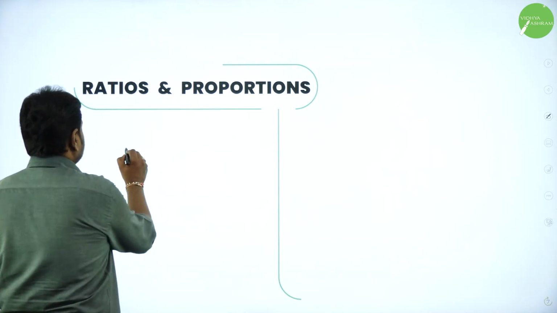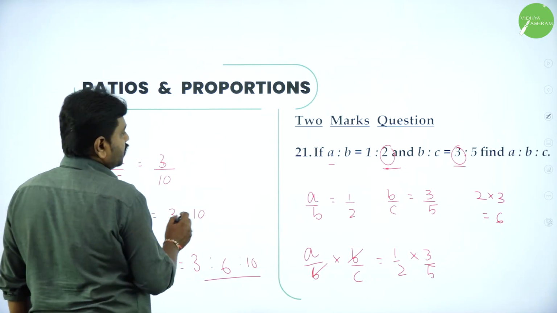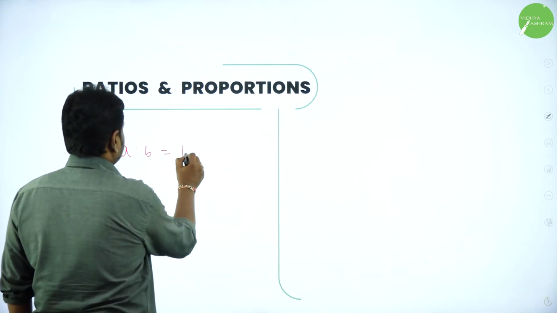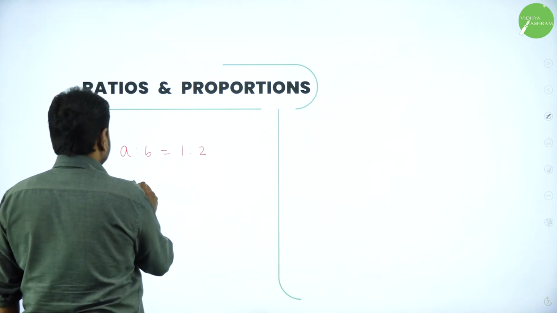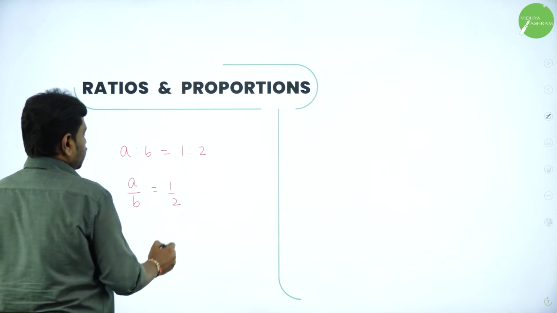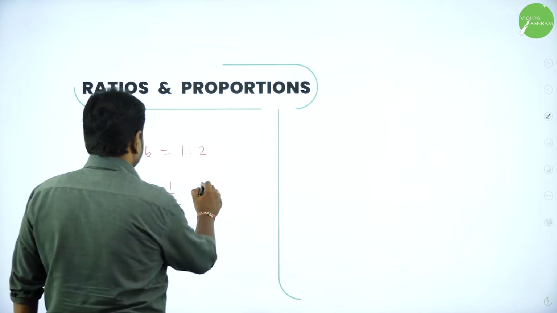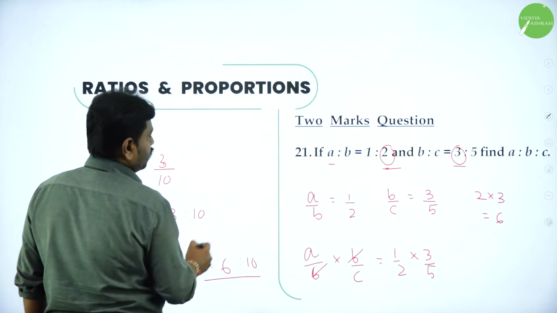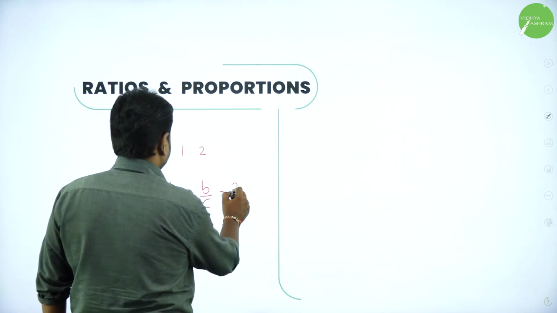So they give A is to B. What is A is to B they give? A is to B they give 1 is to 2, meaning A by B is 1 by 2. And similarly they give B is to C, which is 3 is to 5.